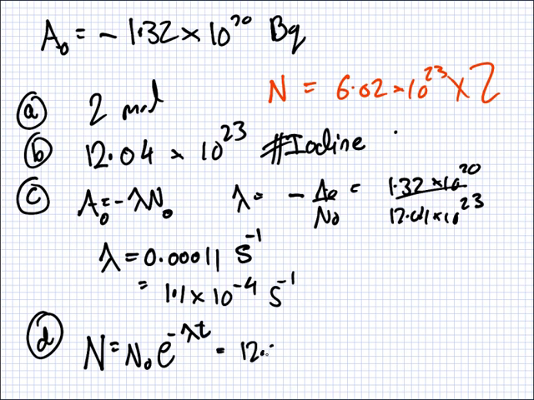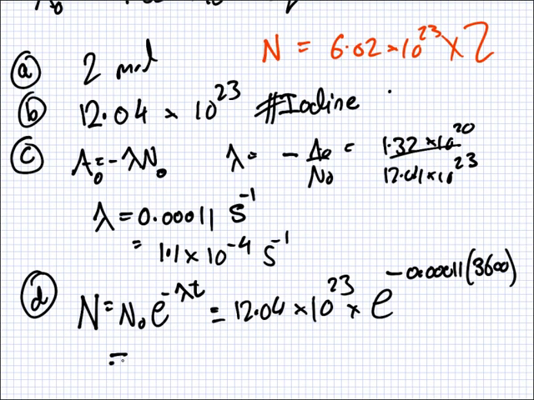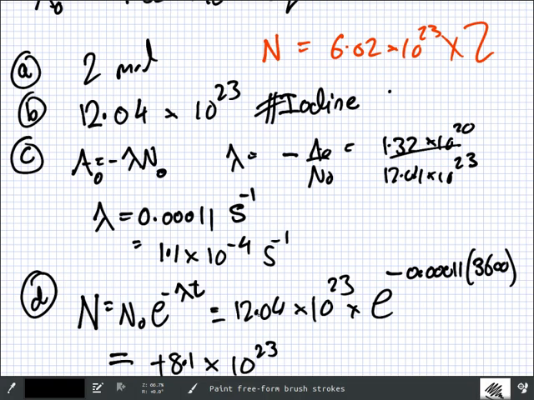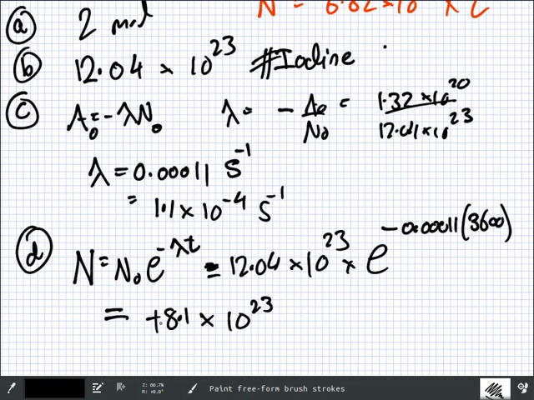So that is 12.04 times 10 to the 23 times e to the minus 0.00011 times 3,600. That gives 8.1 times 10 to the 23.